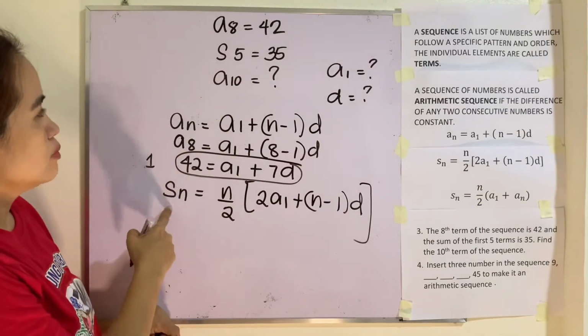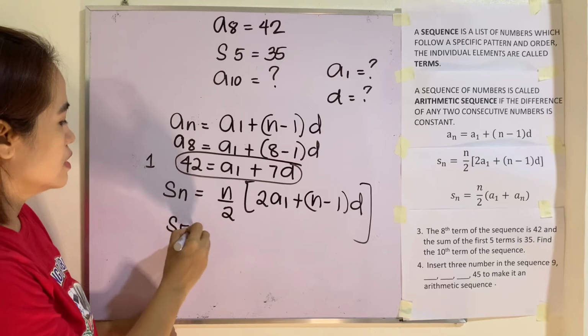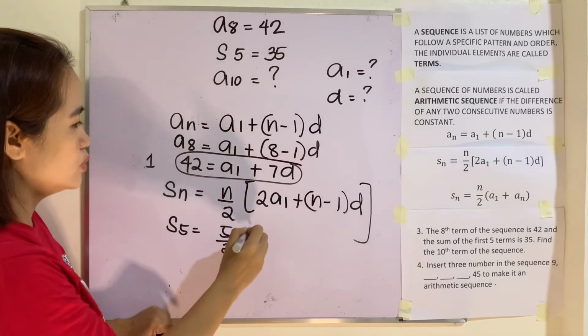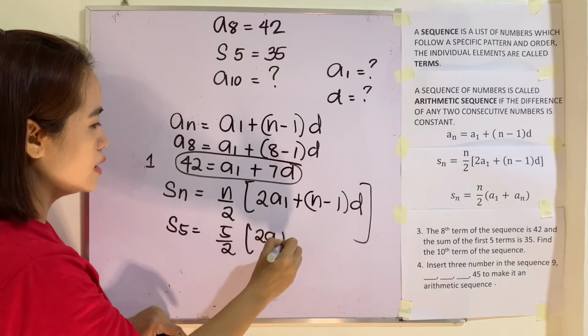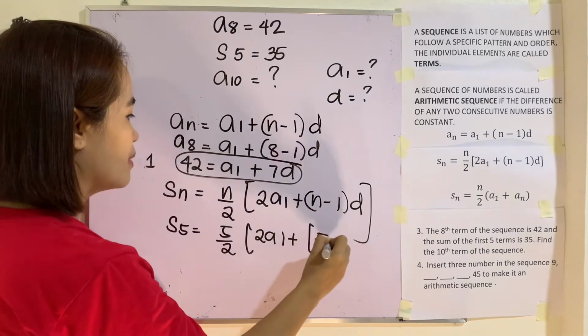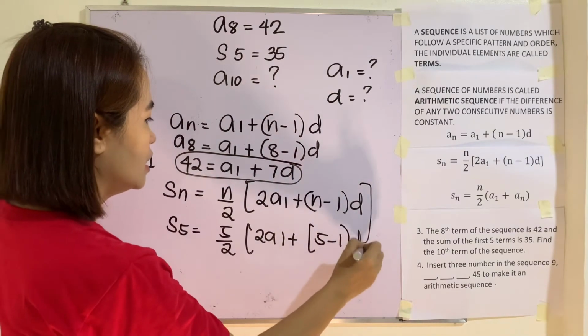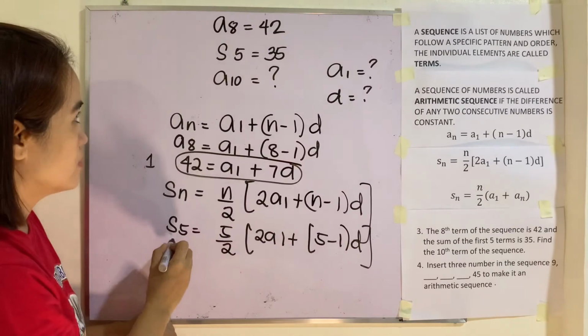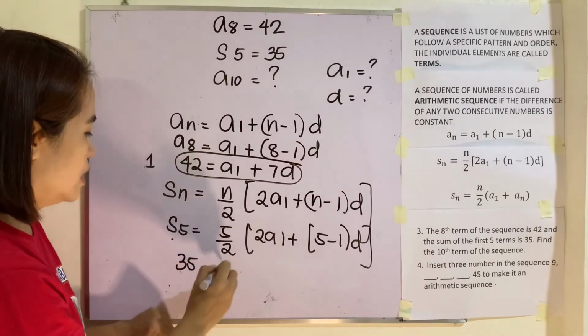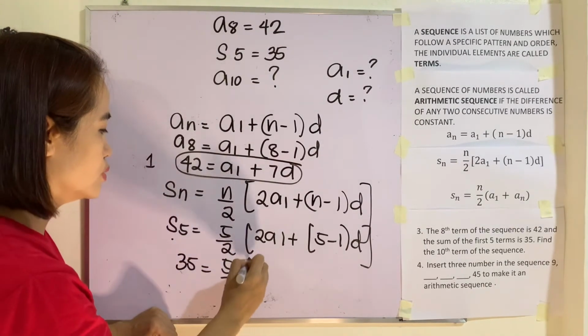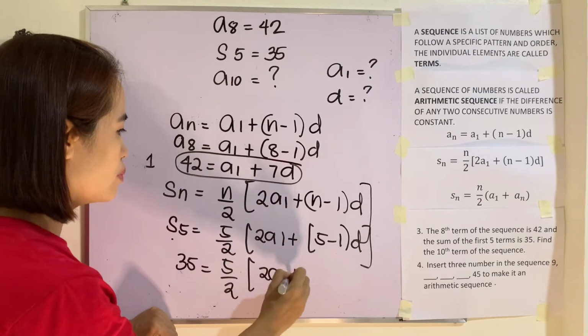For equation number 2, you have S sub 5 is equal to 5 over 2 times 2A sub 1 plus 5 minus 1 D. So S sub 5 is 35 equals 5 over 2 times 2A sub 1 plus 4D.